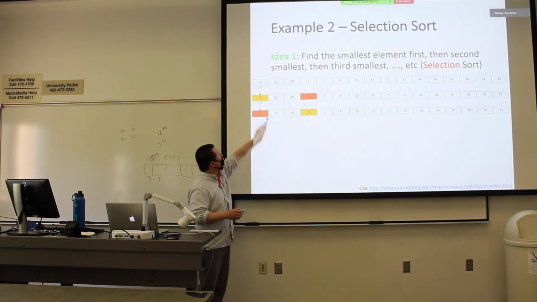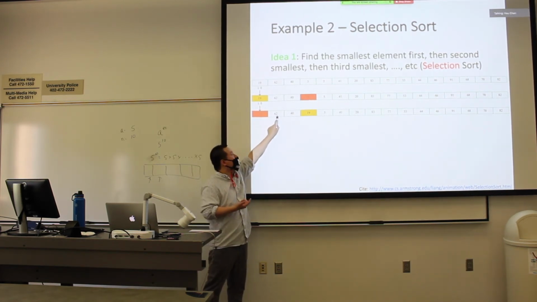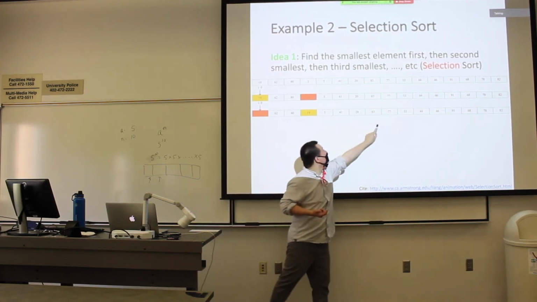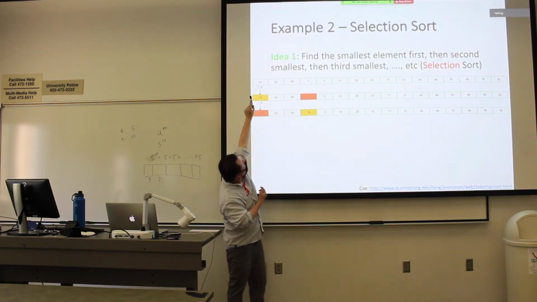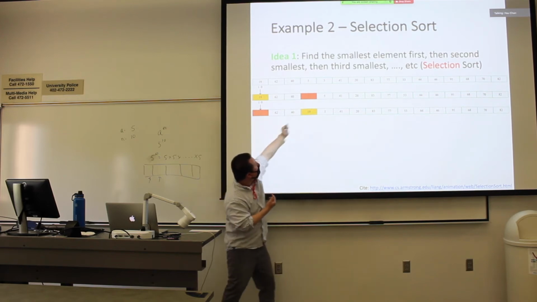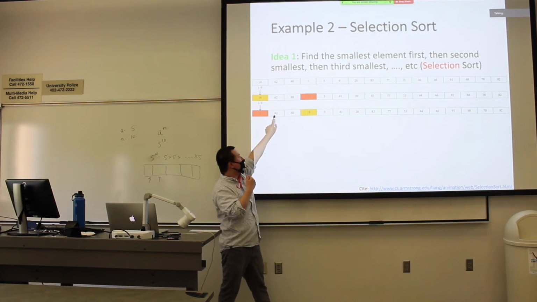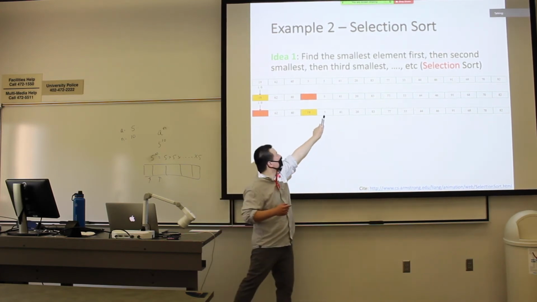After we swap this, we're going to look at the next element. What's the next smallest element? In this case, 19. So we swap this, and now we look at the second smallest element. The second smallest element will be 1, 2, right?